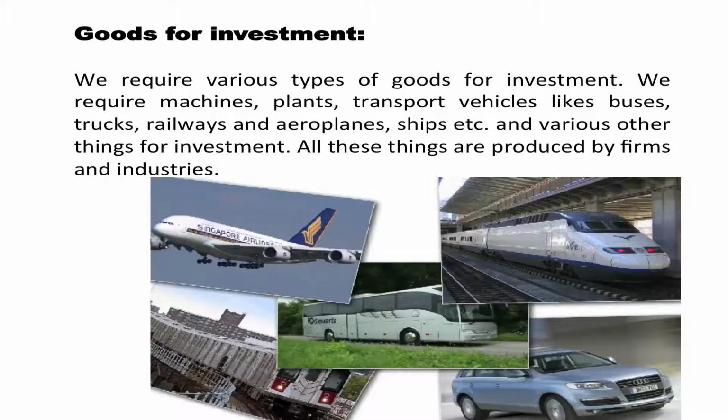Firms and industries also provide us with goods for investment. We require investment goods such as machines, plants, transport vehicles, buses, trucks, railways and aeroplanes, ships, etc. and various other things for investment. All these things are produced by, yes, firms and industries.